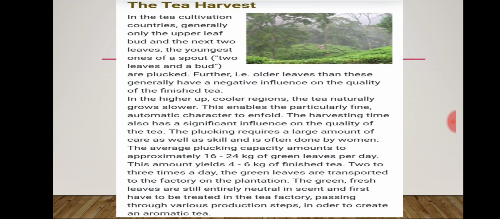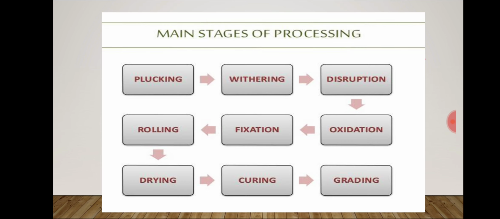The fresh green leaves are still entirely neutral in scent, and first have to be treated in the tea factory, passing through the various production steps in order to create an aromatic tea.